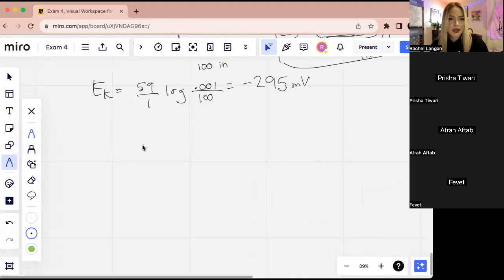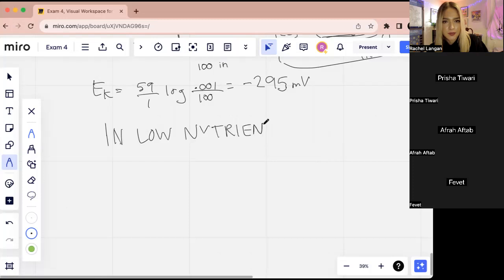And they do. They have some tricks up their sleeve for dealing with this. So in low nutrient soil, plants will increase transcription of transporters.